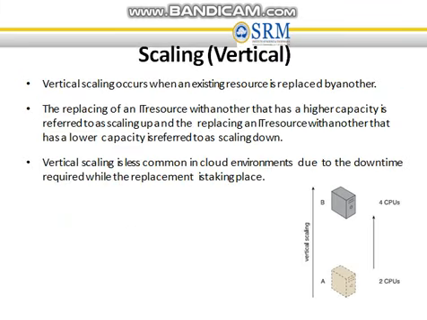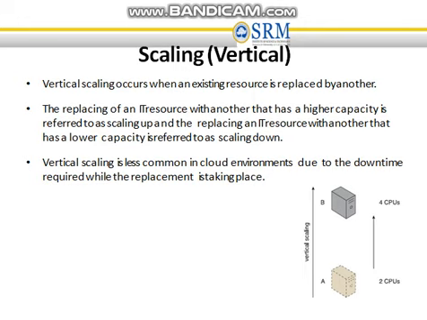When you talk in terms of vertical scaling, it occurs when an existing resource is replaced by another. When you look at the picture here, two CPUs are replaced with four CPUs.